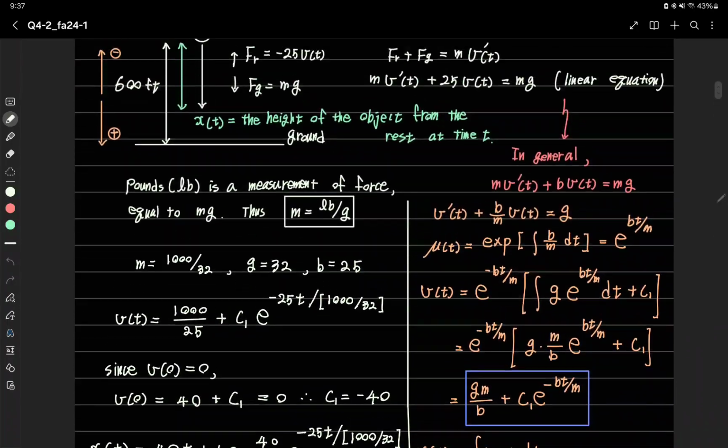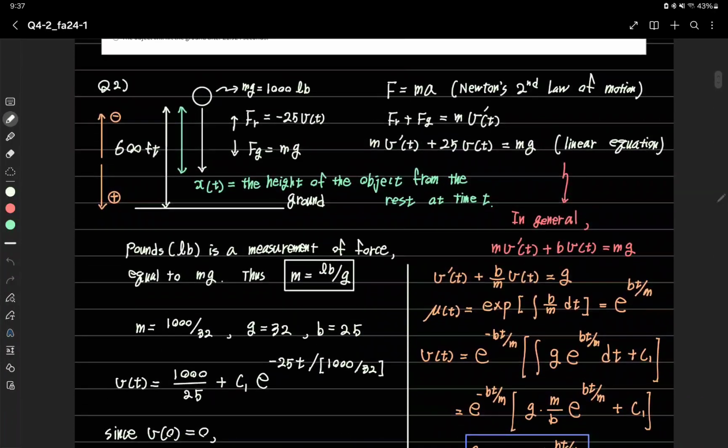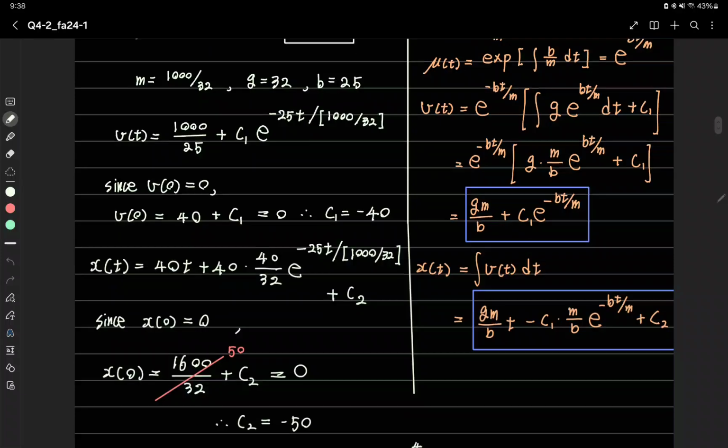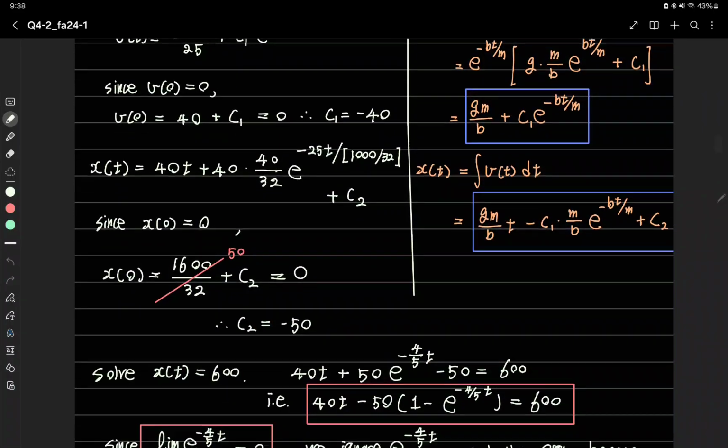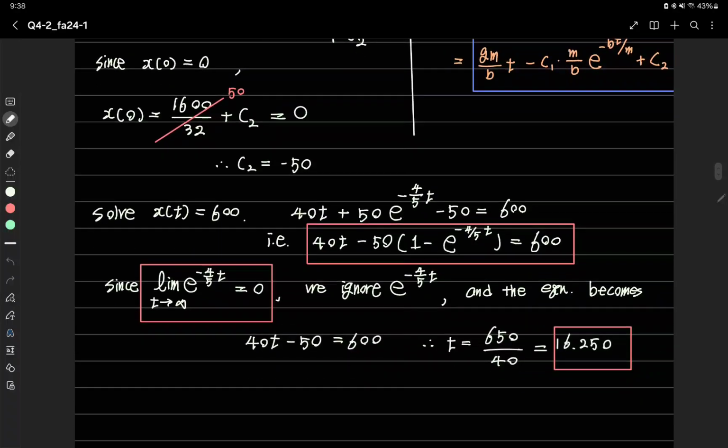You could also let x of t represent the height of the object from the ground, but here I define x of t as the distance from the starting height. So x of 0 is 0. Then it turns out that c2 is negative 50.